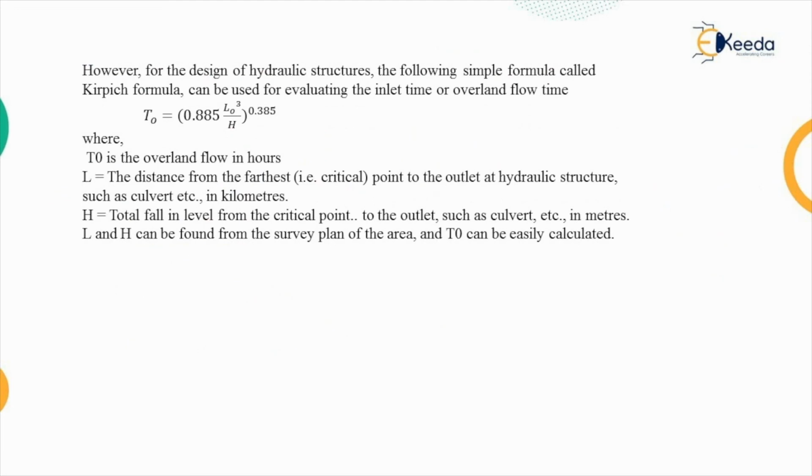On similar lines, there is one more formula used for designing hydraulic structures, which was given by a scientist named Kirpich. That is regarded as the Kirpich formula, and it helps us in evaluating the inlet time or the overland flow time.